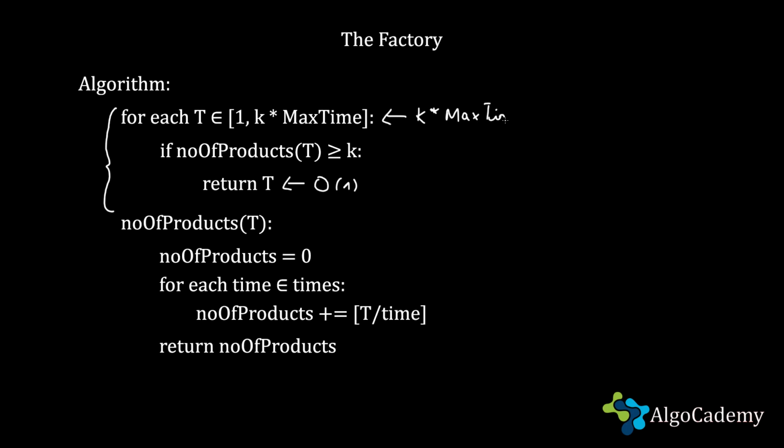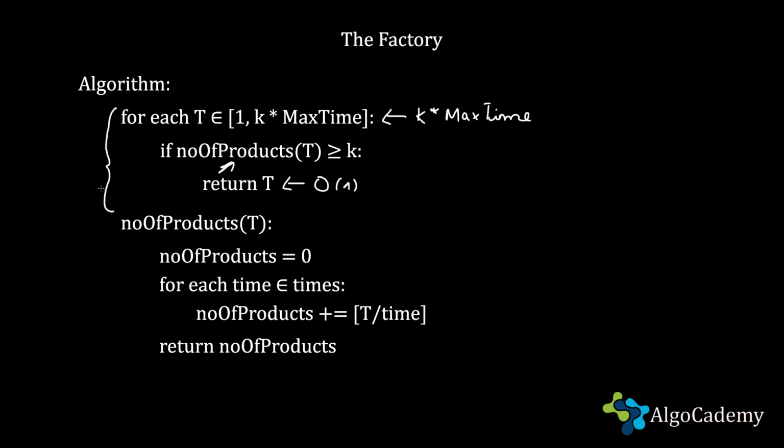Now, let's see what we are doing for each of the t's. We are checking this if statement. And the beautiful thing here is that the if statement needs to call the number of products function. So the code inside the function obviously will be executed for each iteration in this for loop.